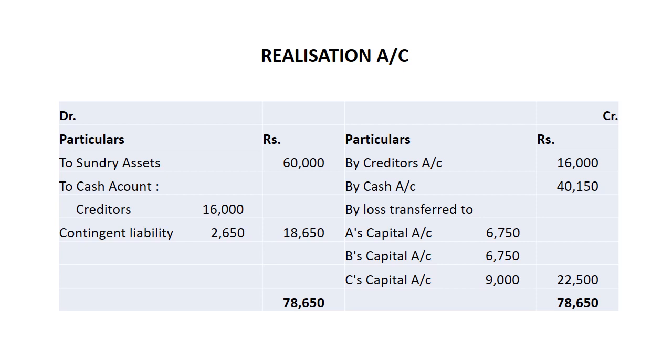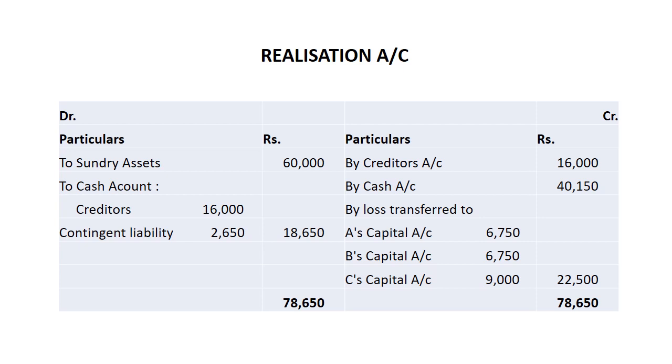After that, see, it has been written to cash account, creditors rupees 16,000. Nothing has been said for creditors. See, for the payment the question is silent. Still the money has to be paid, and the reason is that the firm is now going to be dissolved.